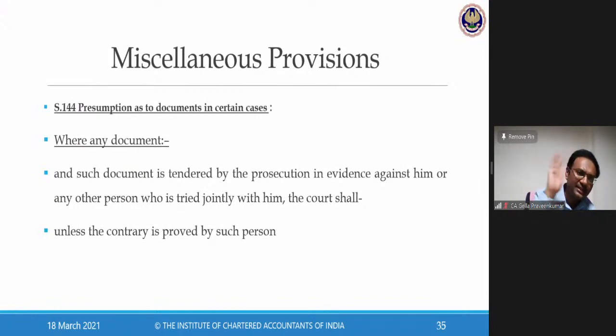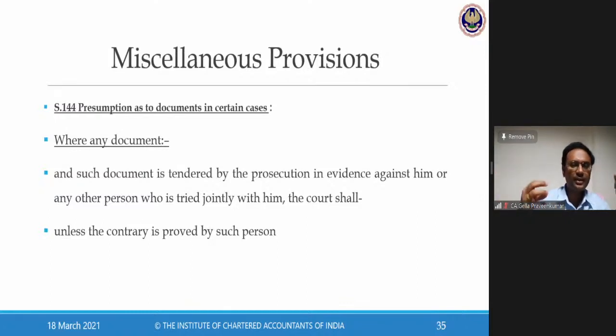Unless you prove that this is not your document, these are presumed to be documents collected for the purpose of prosecution. I repeat, always keep your mind alert whenever you exchange documents with the government office.